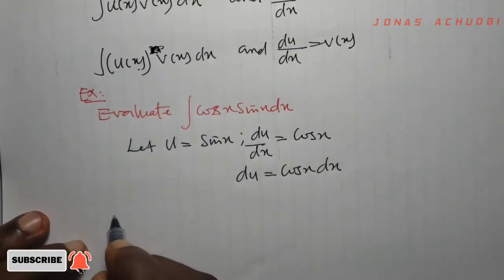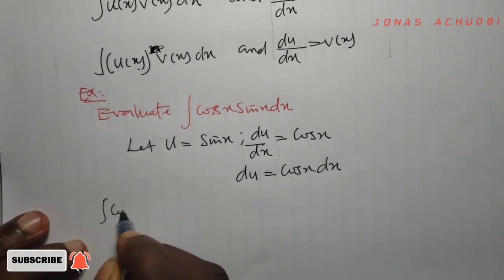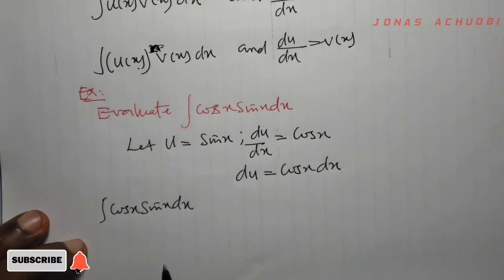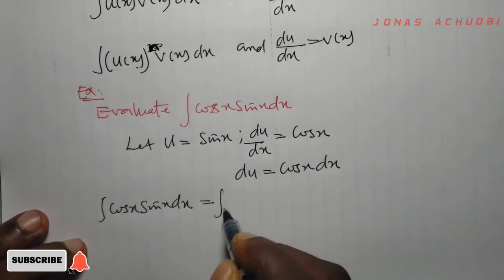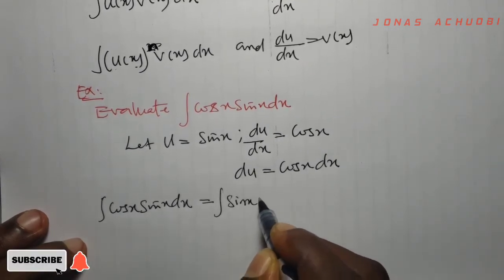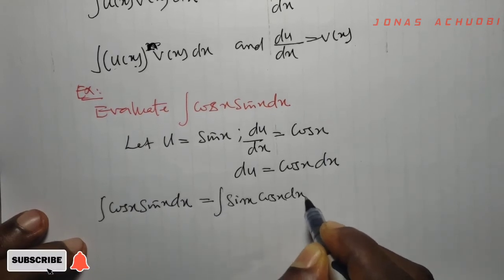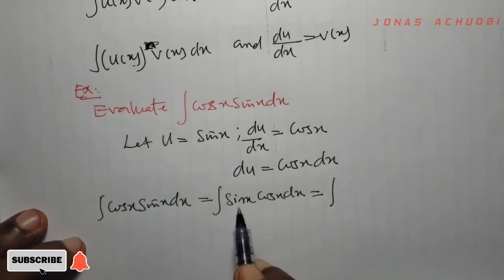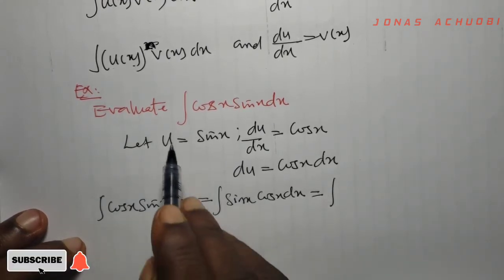We go back to our integral. Our integral was the integral of cos x sin x dx, which you can also write as sin x cos x dx. And this integral becomes the integral of what is sin x? Our sin x is now u.